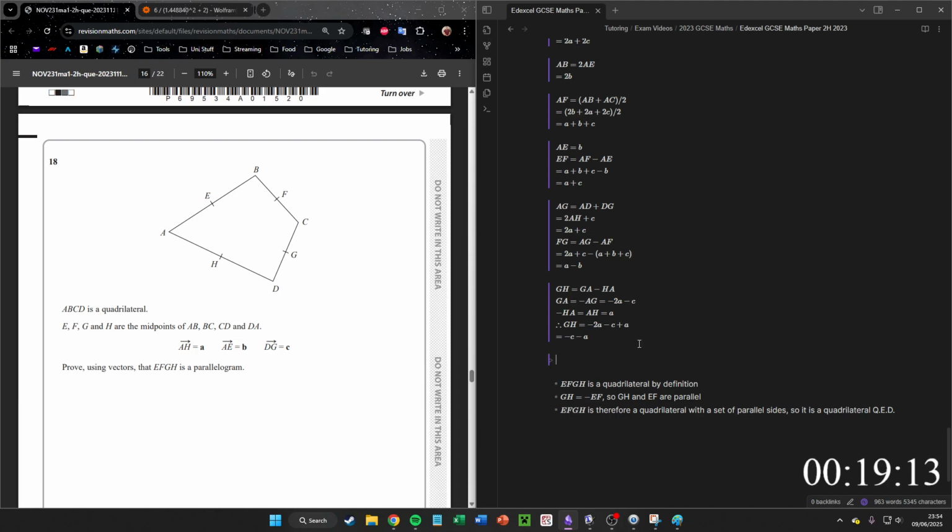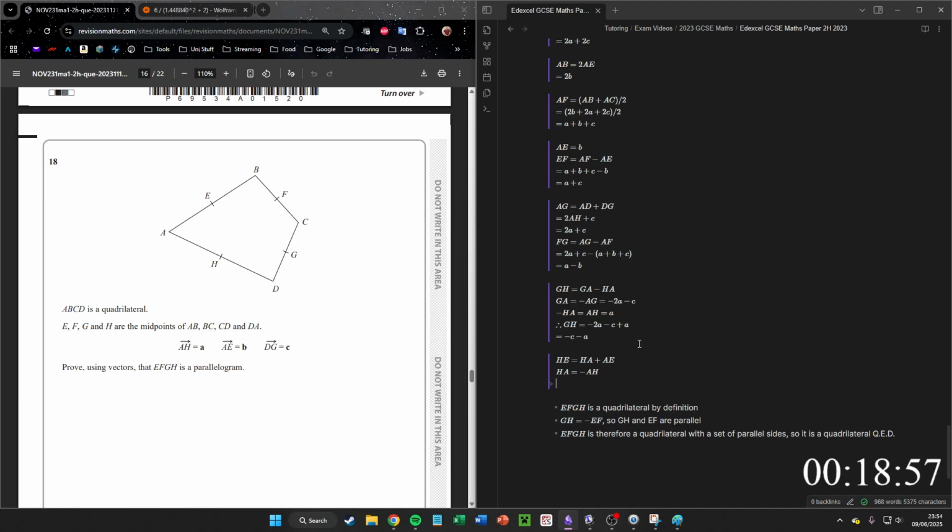And I think we actually have to prove that the other two, so HE and FG, aren't parallel, so I'll start really quick. HE is equal to HA plus AE. HA is equal to minus AH. HE is equal to AE minus AH.